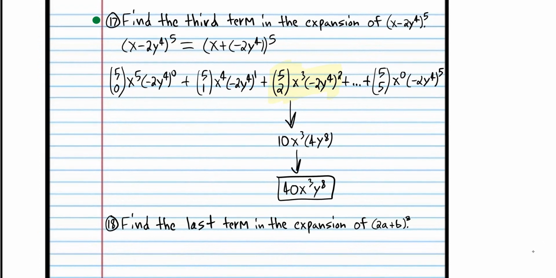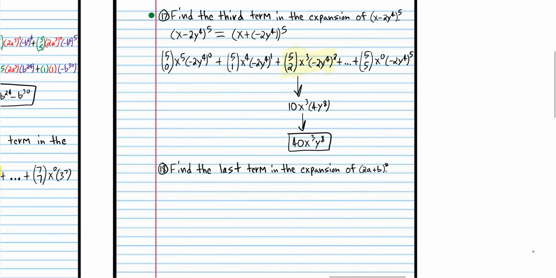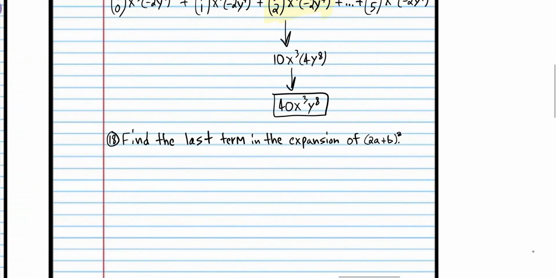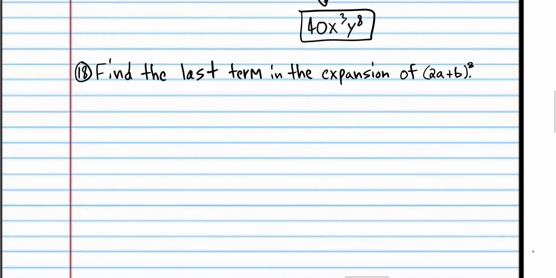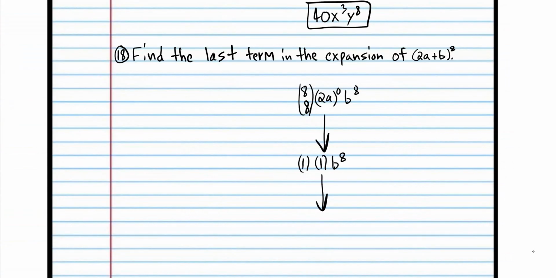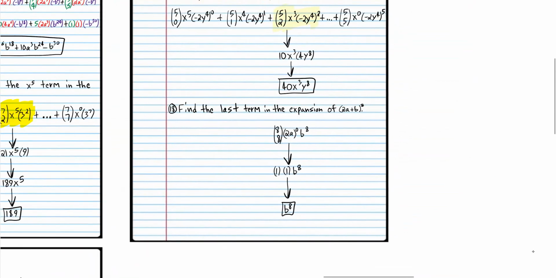Go ahead and try number 18, and when you come back, we'll do it together. Okay, we're back, so we're looking for the last term. Answer, the last term is b to the 8th power. So if you got that right, excellent.